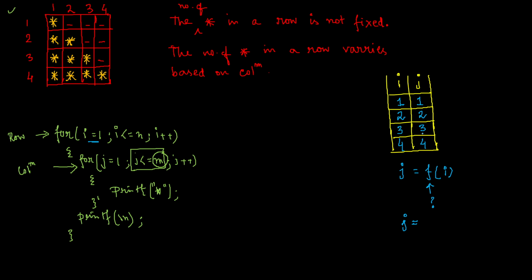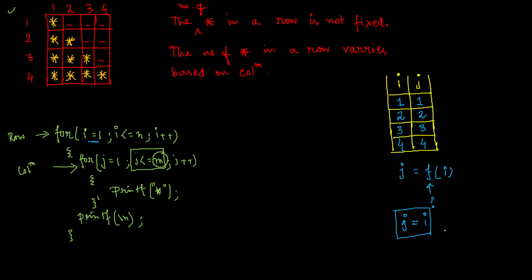You have to support the statistics with the equation. In this particular situation, the equation is very easy. j is basically equal to i. That's all. We can see for each and every row, whatever the value of i, j has the same value. That's why j is equal to i. So with this equation, you can represent each and every row of the table.